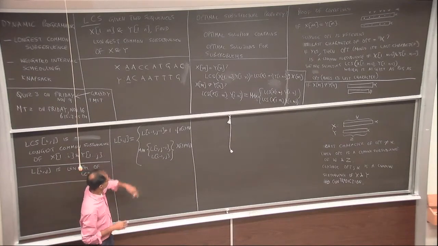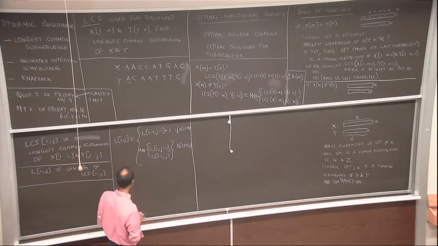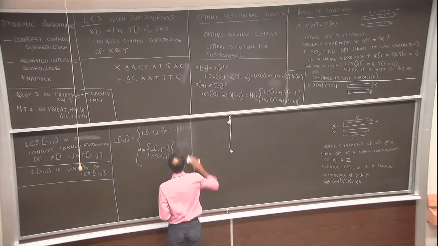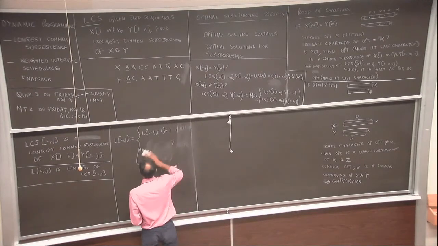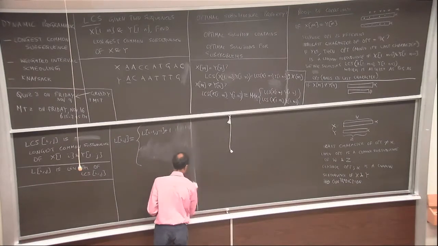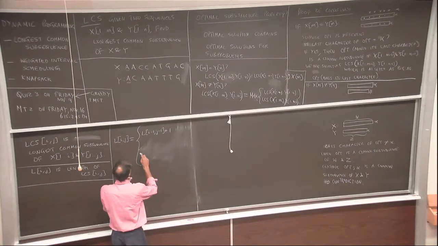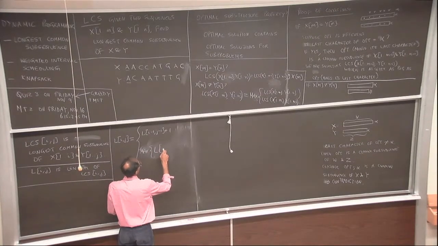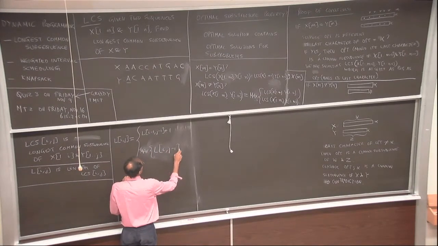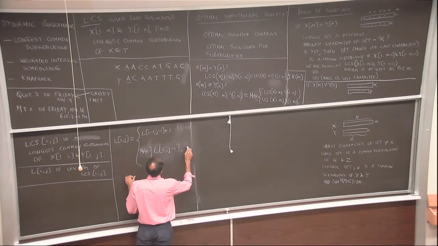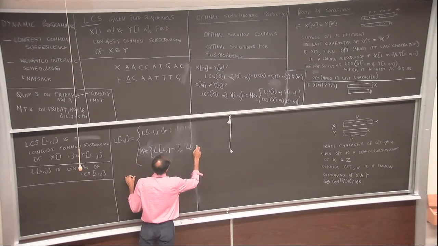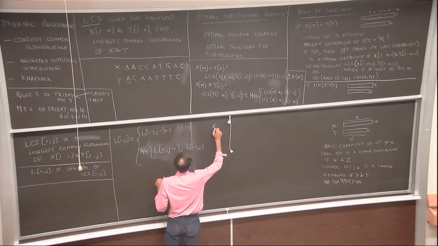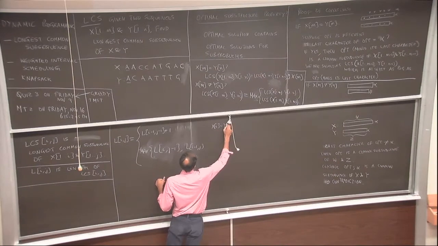It's the maximum of L i, j minus 1 and L i minus 1, j. Okay, here the condition is x_i equals y_j.